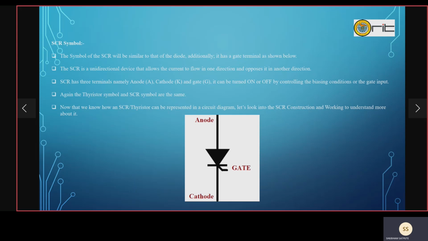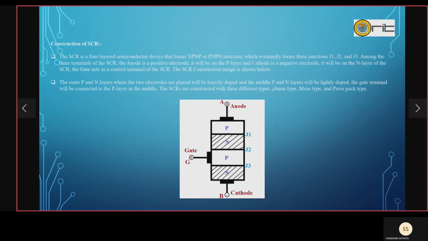Now that we know how the SCR thyristor can be represented in a circuit diagram, let's look into the SCR construction and working to understand more. The SCR is a four-layered semiconductor device that forms an NPNP or PNPN structure, which eventually forms three junctions J1, J2, and J3 among the three terminals of the SCR.